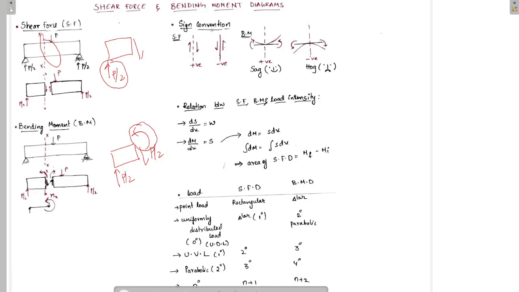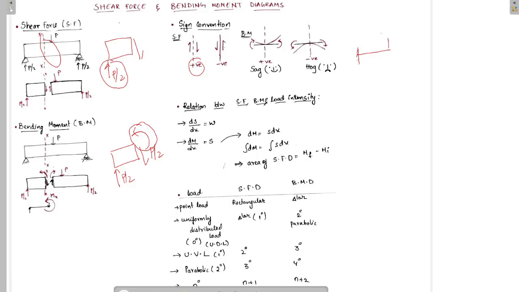Now, let's see the sign convention part. At a particular section, if the load is acting to the right and in the downward direction, it is considered positive. And if the load is acting in upward direction and to the left of the section, it is considered as positive. This looks confusing. Now, I will say a trick so that you can remember it easily.